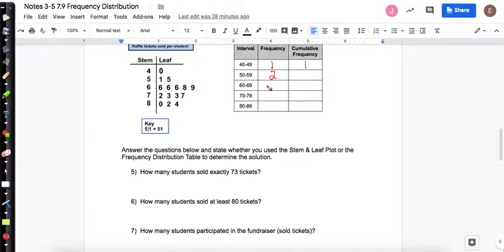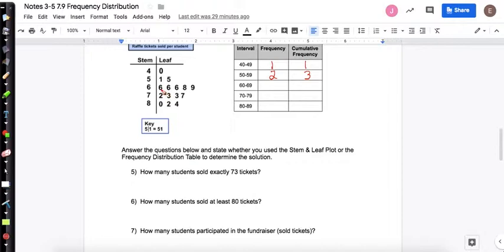And now my cumulative frequency is this frequency and this frequency together. So what's 1 plus 2? 3. So far, my cumulative frequency is 3, because all together so far I have 3 students who sold this amount of raffle tickets.